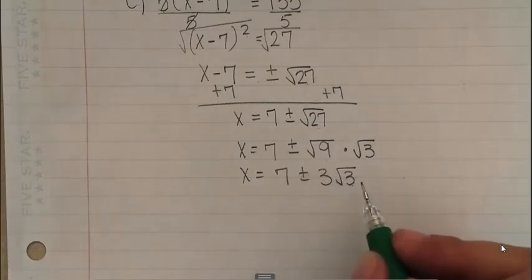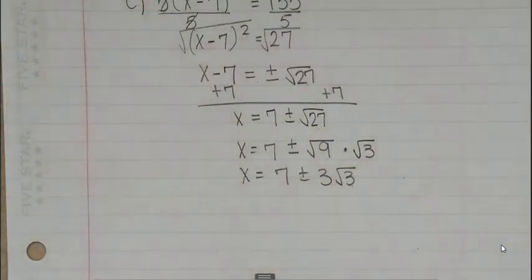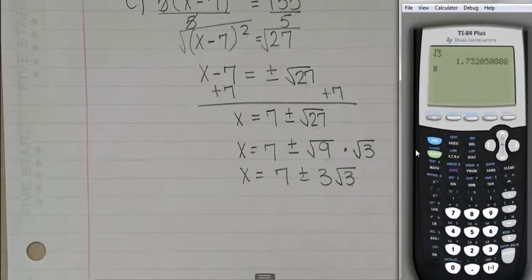Okay, we're not really sure exactly what this is. So this is where you would get your calculator out. Again, not necessarily for this lesson, unless they want exact decimals. So the square root of 3 is, well, first of all, it's an irrational number, but it's approximately 1.73. Okay, so really I'm going to do 7 plus 3 root 3, and then 7 minus 3 root 3. Okay, so those are going to be my two solutions.